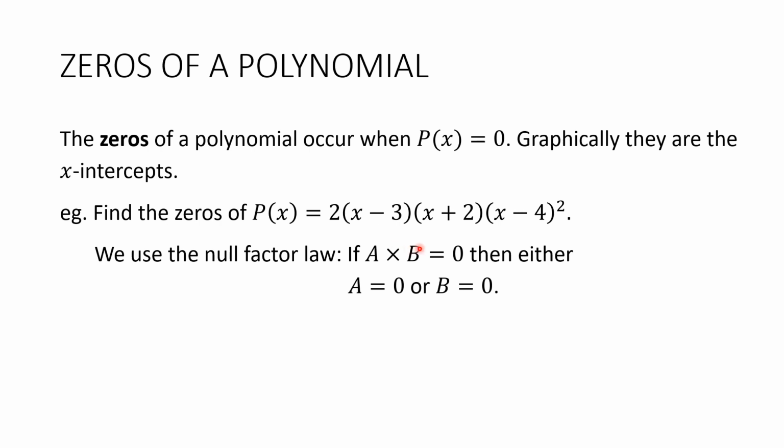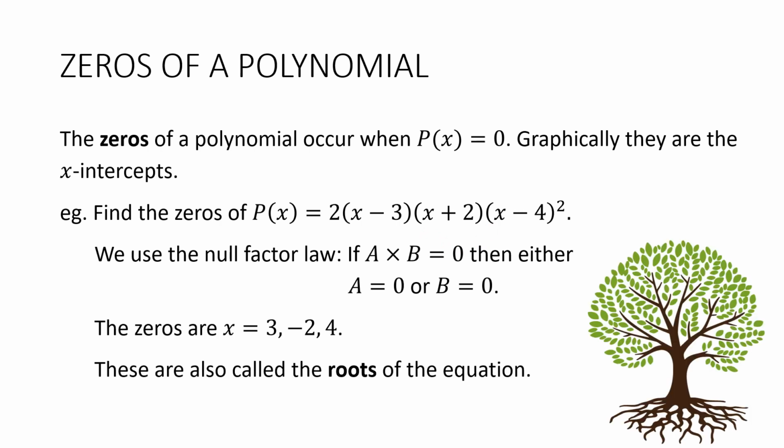But in this case, we've got 3 parts to it. And if any one of those is equal to 0, the whole thing is equal to 0. So our zeros are going to be 3, negative 2, and 4. And we also call these the roots of the equation.